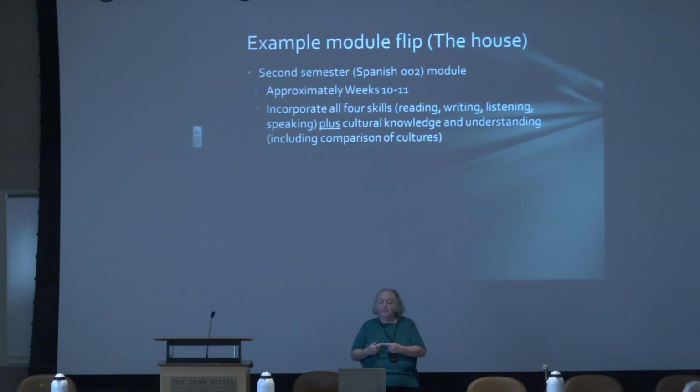But in addition to that, we also want to give them cultural knowledge and understanding. Each of the chapters in the book focuses on at least one country, sometimes more. This particular chapter includes Nicaragua and El Salvador. And in addition to that, I bring in Spain because the cultures are completely different in all the different countries. So I want them to see and be able to compare and contrast those countries with what they have here, okay?